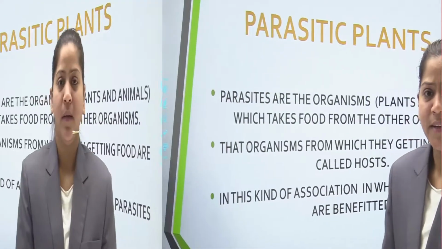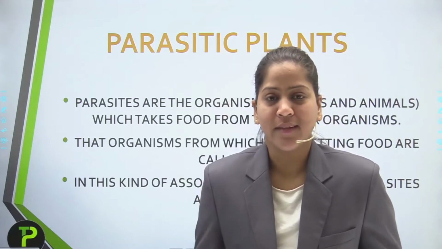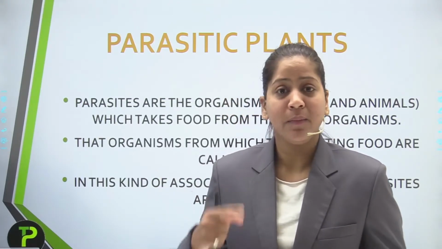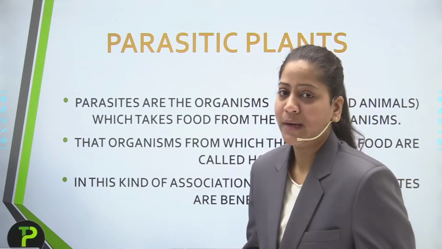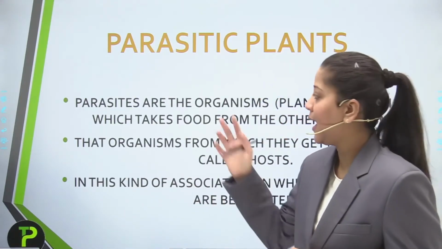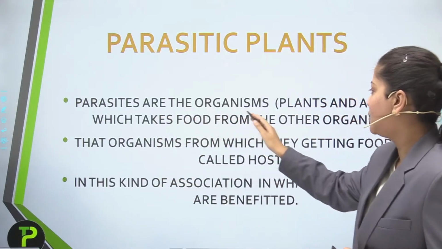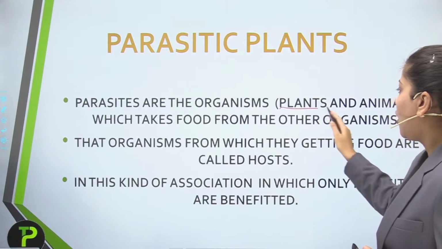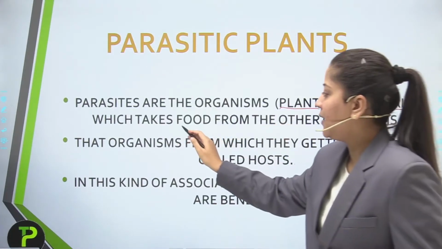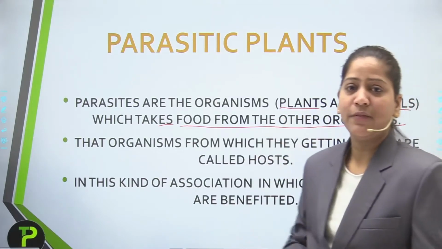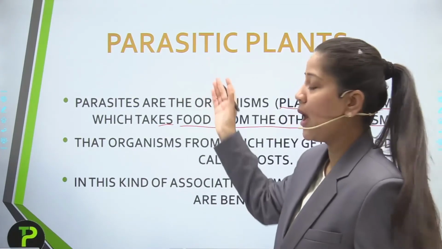What is a parasite? A parasite is an organism which takes food from other organisms and harms that organism in turn, but gets nutrition for itself. As the first definition says, parasites are organisms, it may be plant or animal, which take food from the other organism. This definition clearly shows who the parasites are.